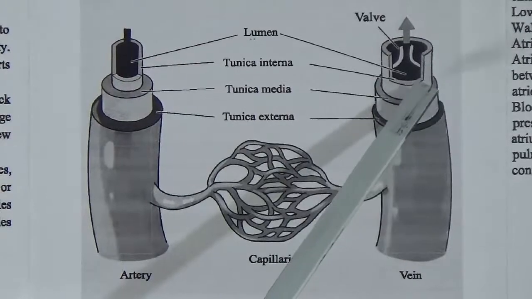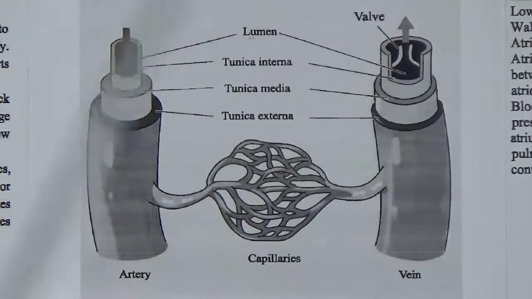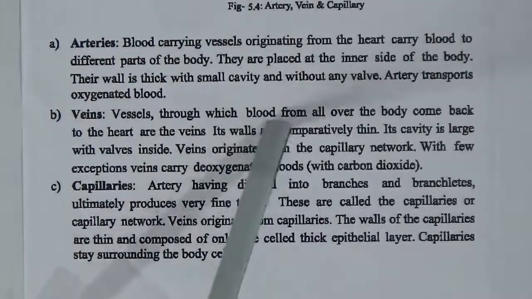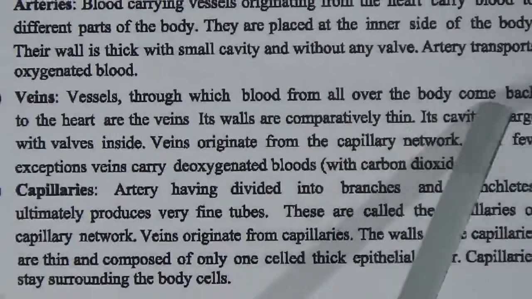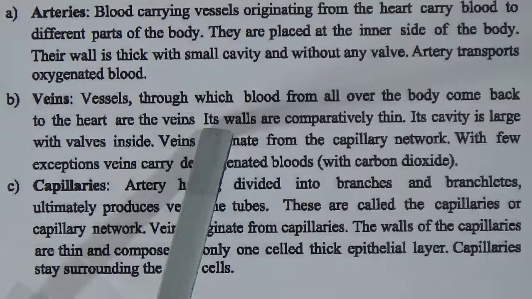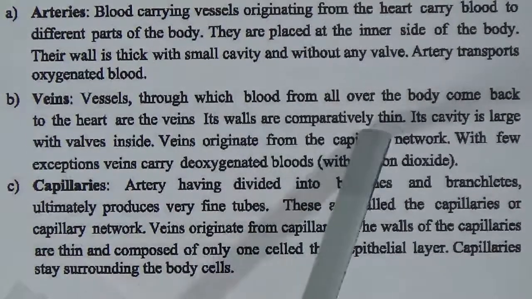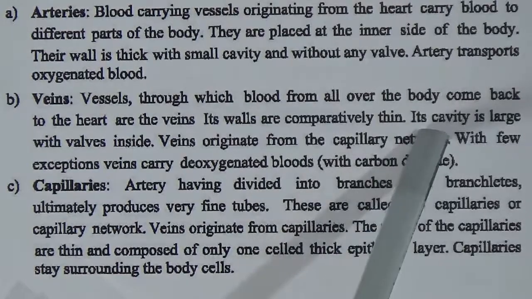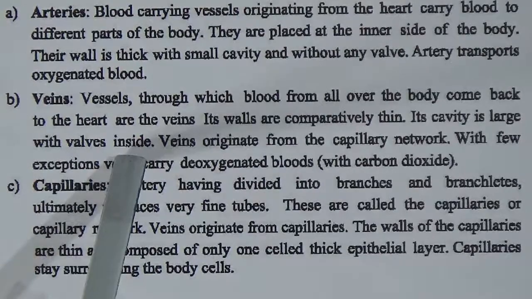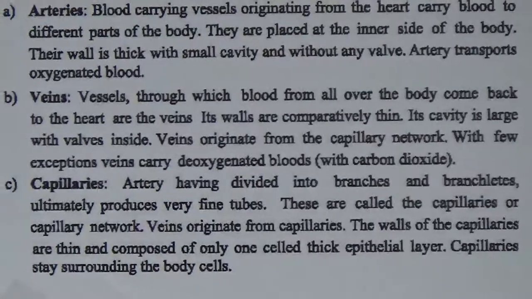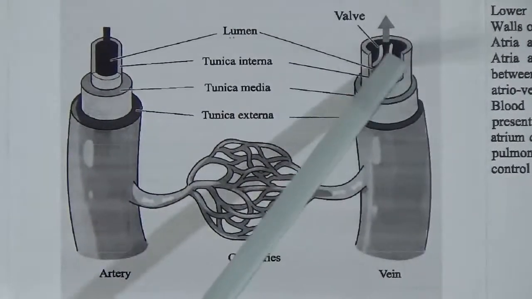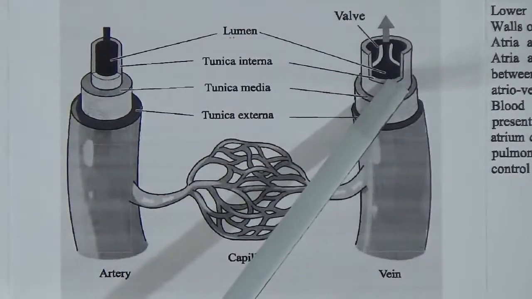Then vein. Veins, vessels through which blood from all over the body comes back to the heart, are the veins. Its wall is comparatively thin. Its cavity is large with valves inside. If you look at this picture again, we can see here is a valve, a gate-like valve.